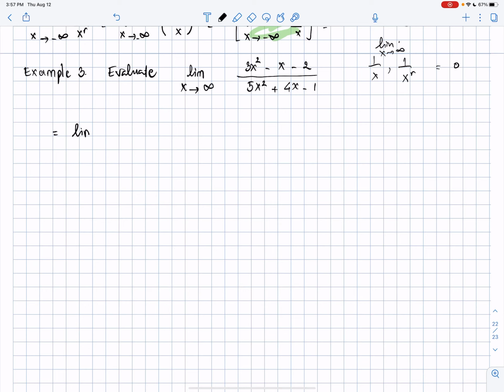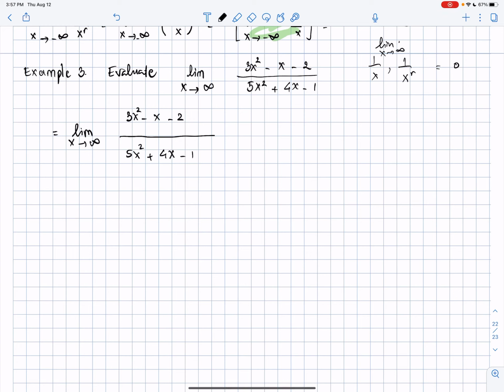So we know that the limit as x goes to infinity of 3x squared minus x minus 2 over the bottom expression. What I'm going to do is divide the top and bottom by the same number. So let's copy this down first.